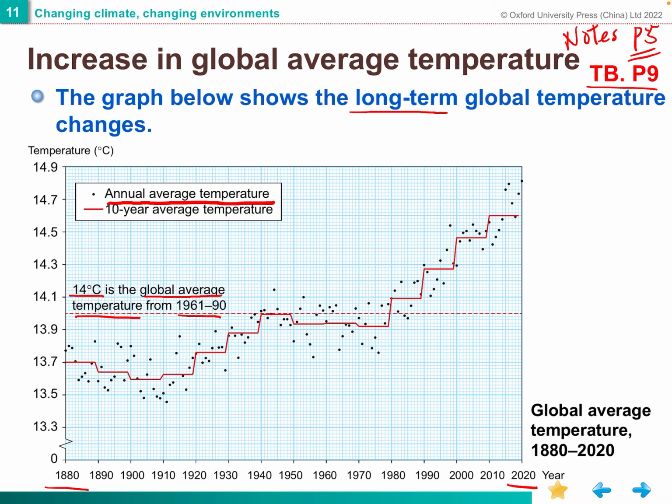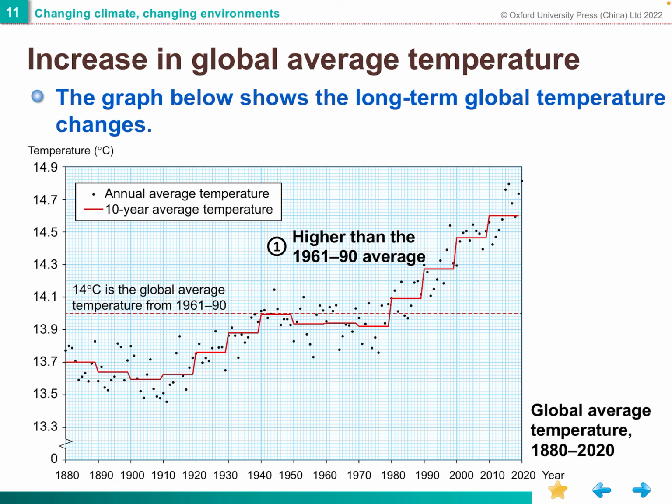We found that our Earth, at the upper part, that means in recent years, from 1980 to 2020, our temperature is higher than the average in 1961 to 1990, so it's above average, or we call it above mean.